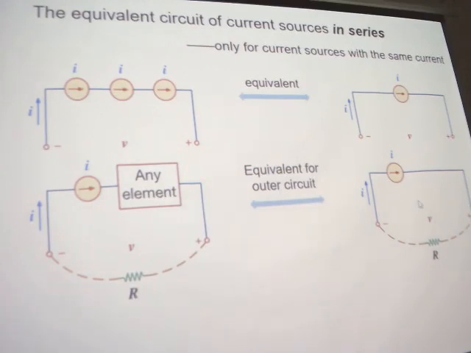So in our practice, if we have any element in series with the current source, we just delete it. Understand? Okay. Because it is no use in the circuit.